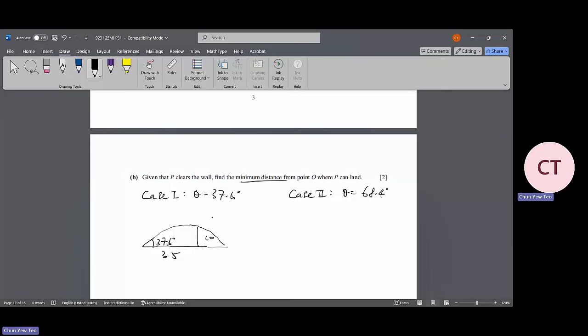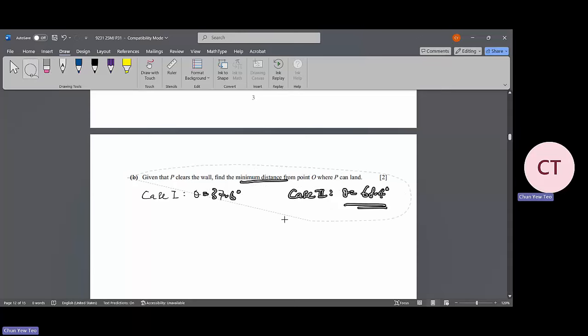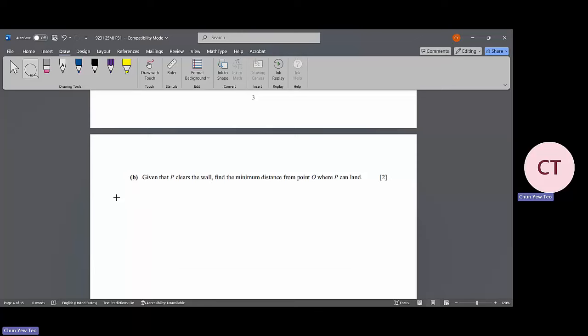Okay. So if you take case 2, the angle is higher, 68.4 degree. So obviously, this will give you a shorter distance. So this will give you the minimum distance. So for minimum distance, your angle theta must be greater.